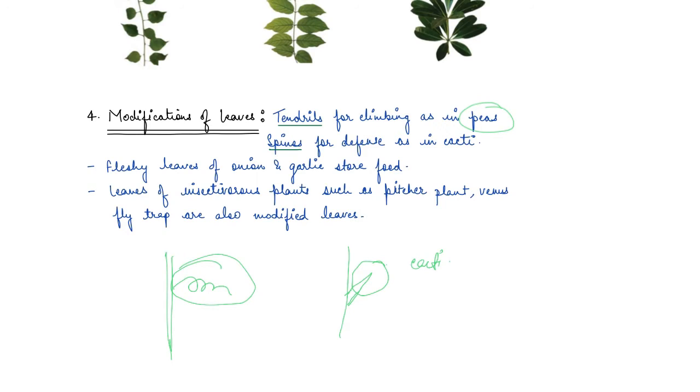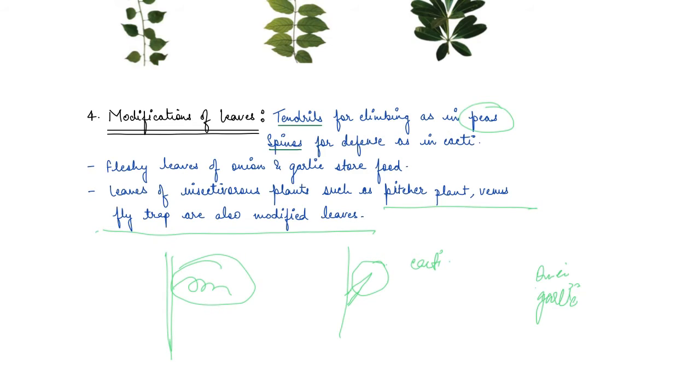Then in some cases there are fleshy leaves which store food, as in onion and garlic. These leaves become fleshy and store food. Now there are some leaves of insectivorous plants such as pitcher plant and Venus flytrap, which are modified leaves.